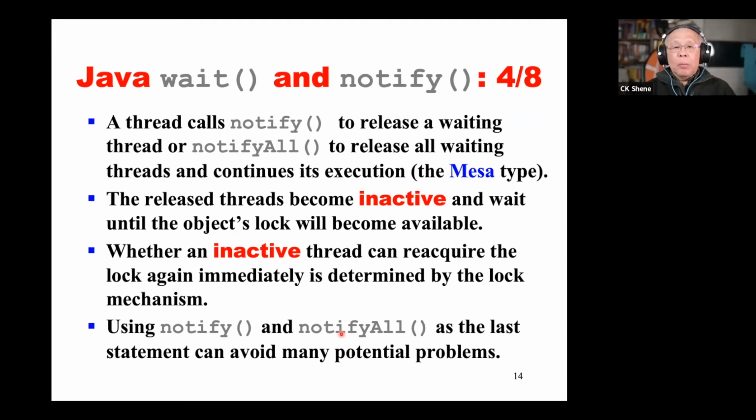So it may interfere with some other inactive thread. But if the caller to notify or notify all is the last executable statement and gone, well, that's fine, because the interference between the caller and those inactive threads will be minimal.